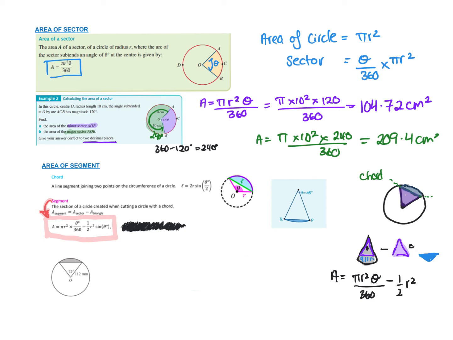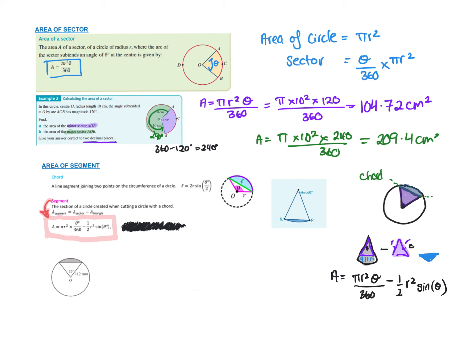What they've done is use the sine rule for the triangle, where you multiply the two sides you're given by a half, and then sine the angle given. Now, why is it radius squared? Because those two sides are going to be the same length.